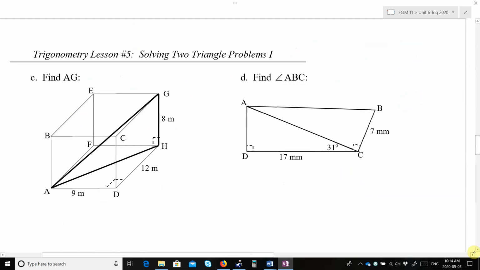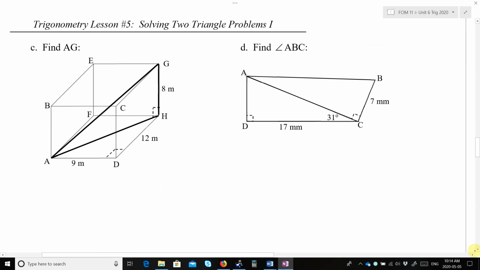Letter C wants us to find side length AG, which is right here. They want us to find that. Okay, and notice we have two 90-degree triangles. We have a 90-degree triangle that's flat along the bottom of the box, flat on the ground or the table, like that. And then we have a 90-degree triangle that stands up like this.